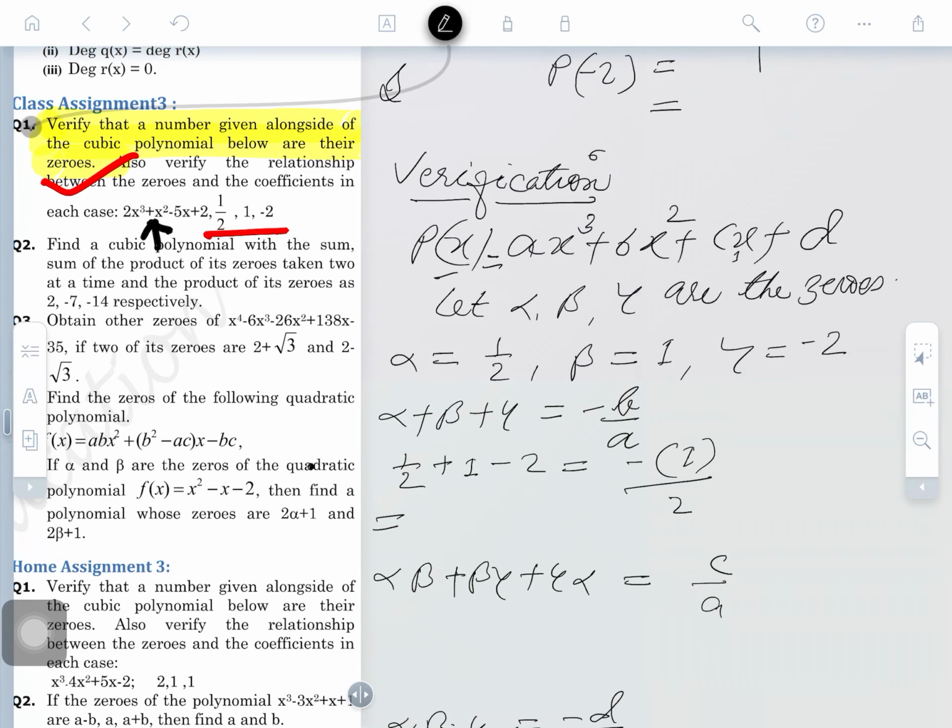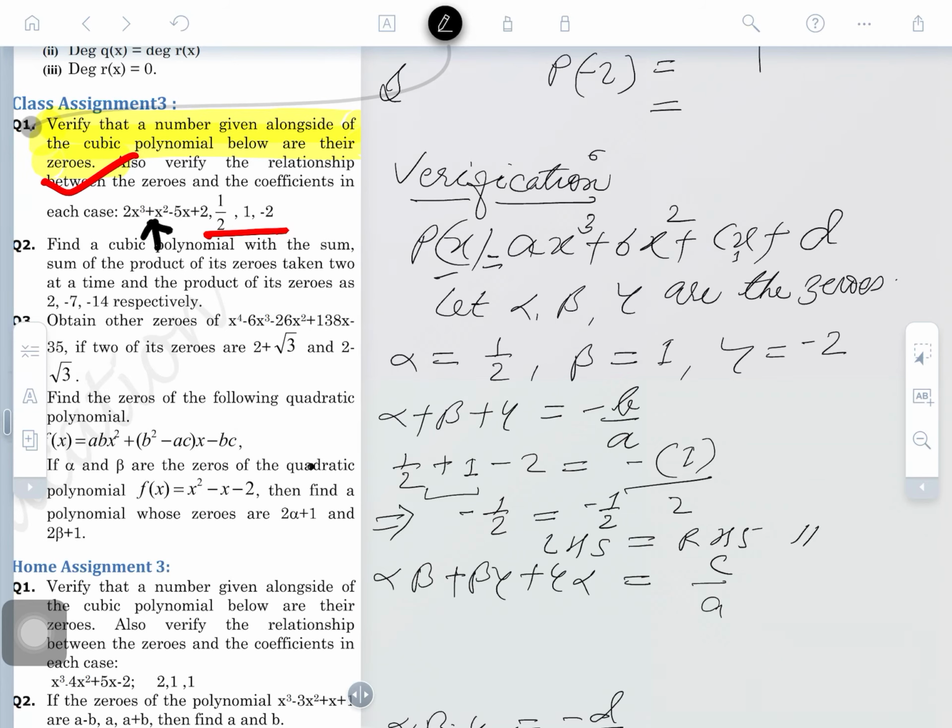What is the sum of them? 1 plus half is 1 and half, positive, and plus minus 2 gives minus 1 by 2. Here it is also minus 1 by 2. So, you will write left hand side is equal to right hand side. So, the relationship is verified here.